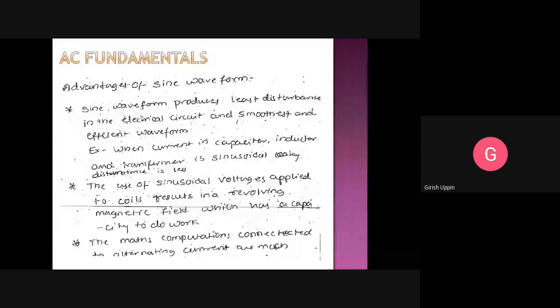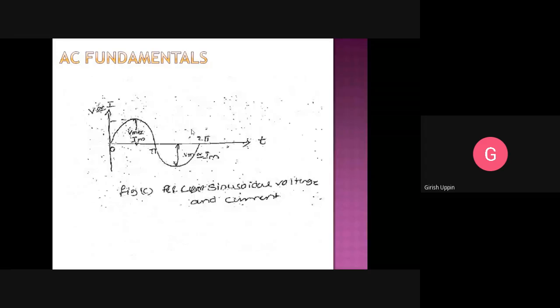The first one is that the sine waveform produces the least disturbance in the electrical circuit and is the smoothest and most efficient waveform. As you saw previously, in the way the sinusoidal waveform is created, the transition from one value to another is very smooth.